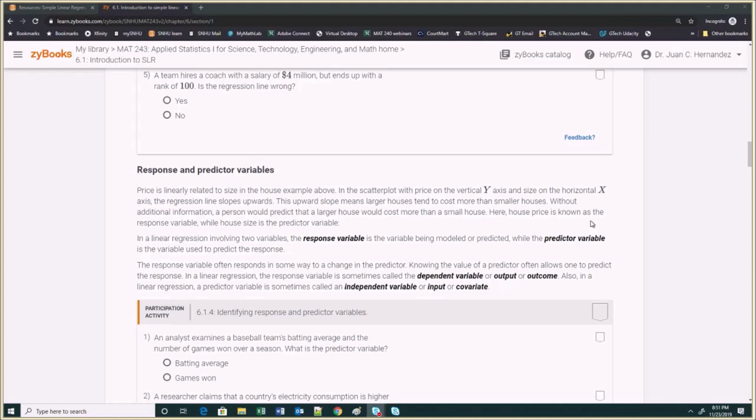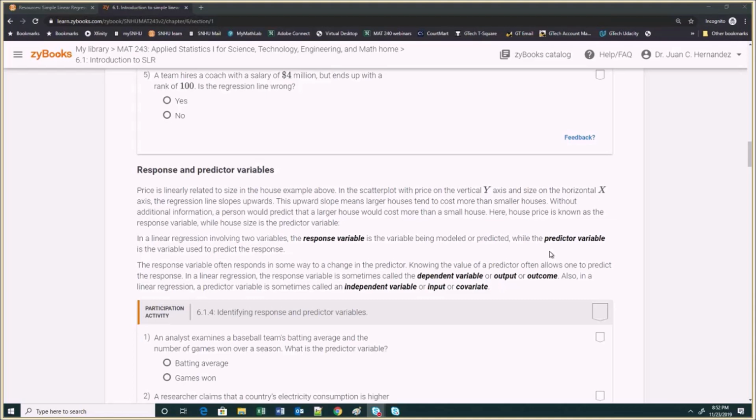That is also called the predictor variable. It's the independent variable because it does not depend on the behavior of any other variable. However, the response variable is equivalent to the dependent variable because that depends on the independent variable or the size of the home.